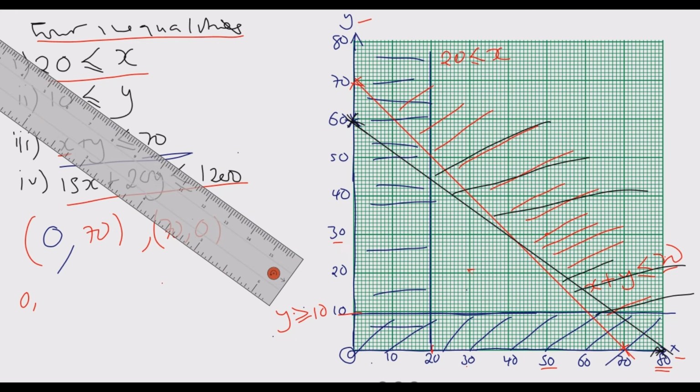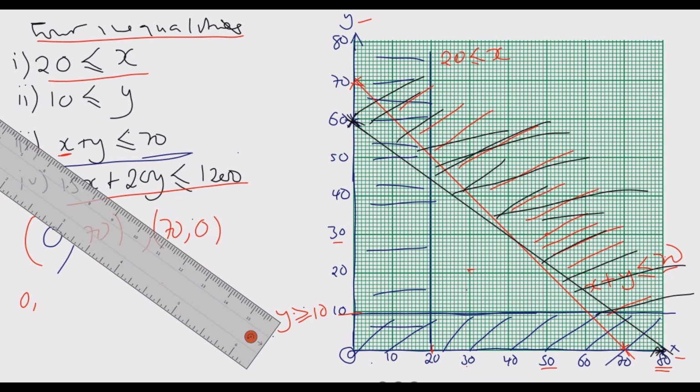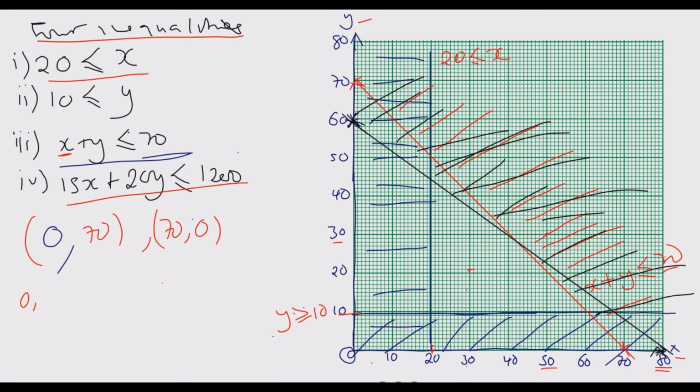So you use the same principle that you used with the previous one by trying the numbers. So what you discover is we have the wanted region and the unwanted region. The wanted region is the one which is in the middle. So it's this one that we are going to use to answer the other questions. So this is how you graph the 4 inequalities.